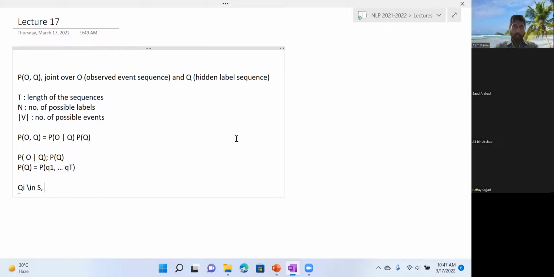So you can also say Qi can be any of those S, let's say s5. So for example, Q1 could be the tag noun.